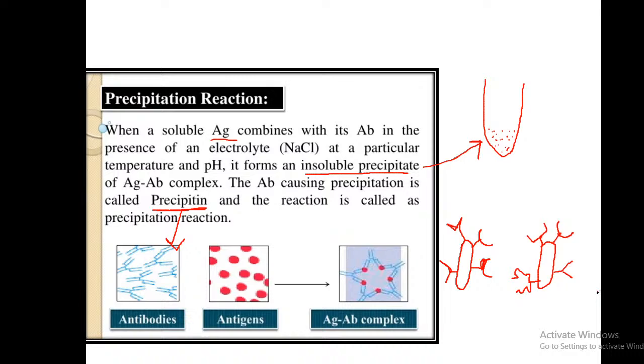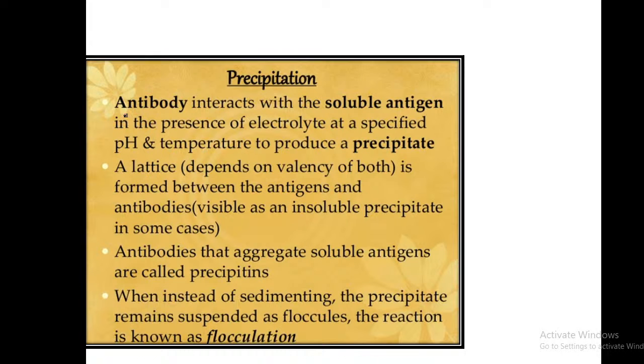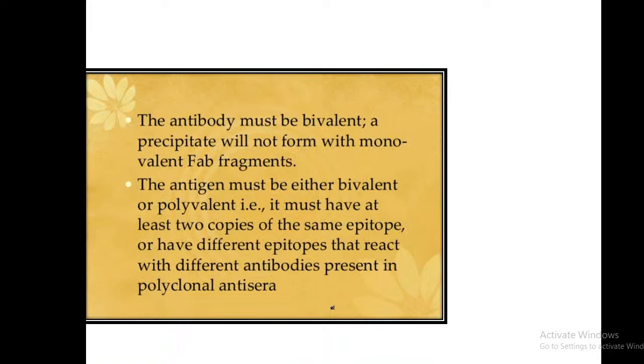Same epitope means these two are the same. A minimum of 2 copies of the same epitope should be present for effective precipitation reaction. And that is known as precipitation reaction. In this the antibody interacts with the soluble antigen in the presence of electrolyte, the body fluids, and forms a precipitate. The antibody responsible for this is called precipitin, and it will lead to a reaction called flocculation.